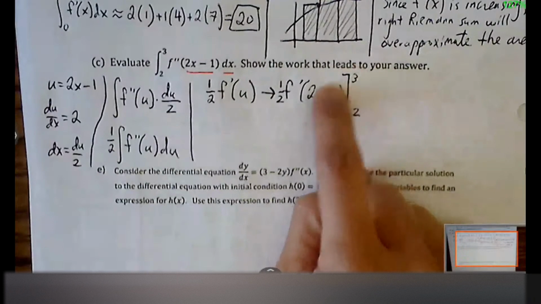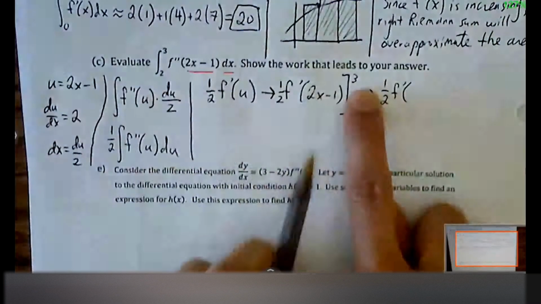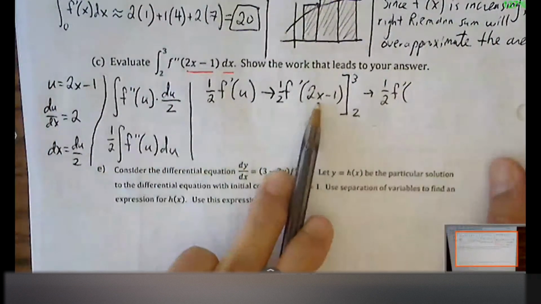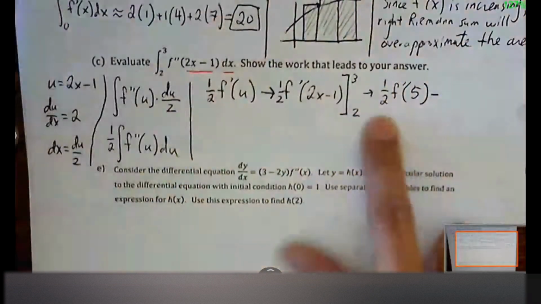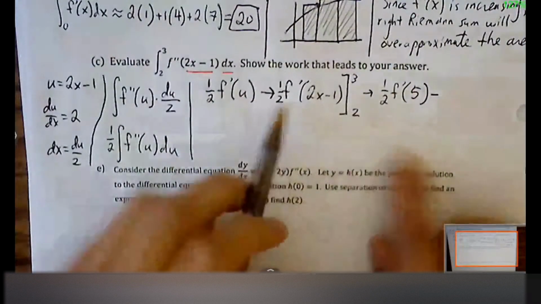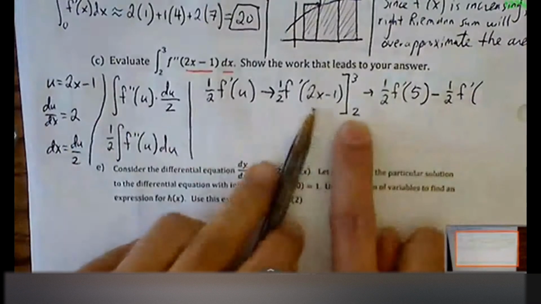Okay, upper bound gets evaluated first. 3 in for x, that's 2 times 3, 6 minus 1 is 5. Next up, lower bound. 2 in for x. 4 minus 1 is 3.